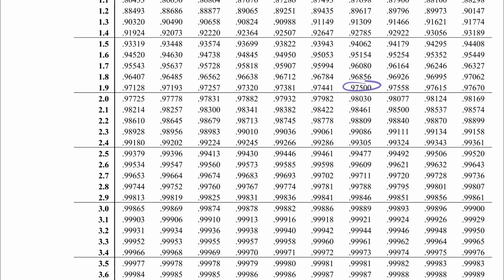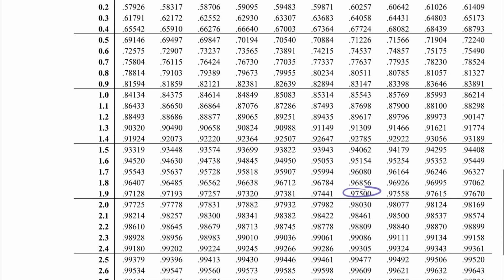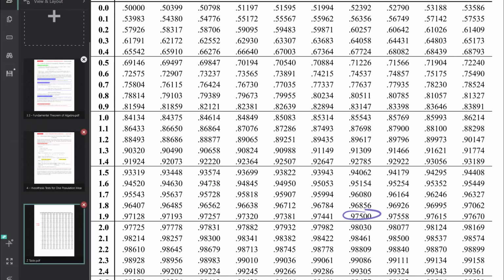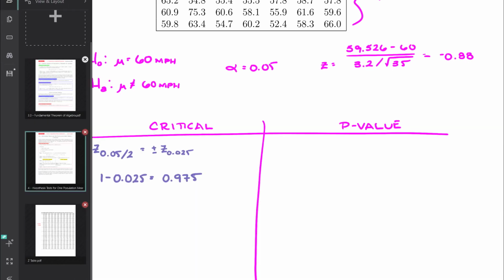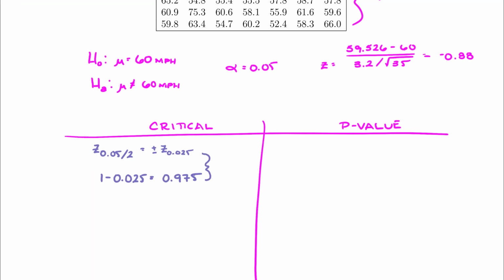For 0.975, we have the exact value, which is 1.96, and so that means that we are going to use plus or minus 1.96 because it is a two-tailed test. So as far as the normal curve goes, what that visually represents is we have negative 1.96 to the left, 1.96 to the right.